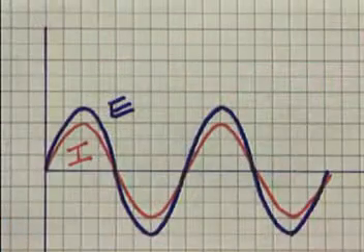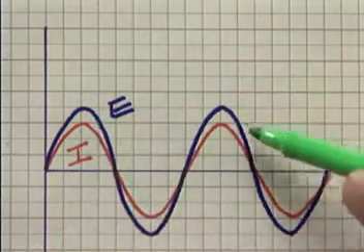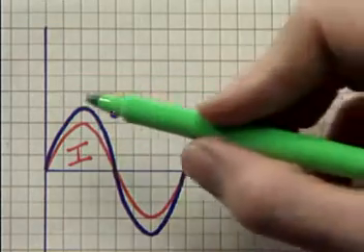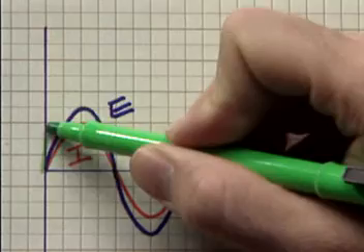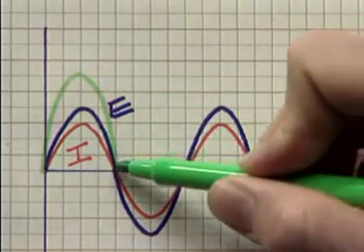A source may be delivering large voltage and line currents, but if the load is purely reactive, no electrical work will be done. If, on the other hand, the voltage and current are in phase, as shown here, the resulting power curve will always be positive, meaning that power delivered by the source is always being consumed by the load.